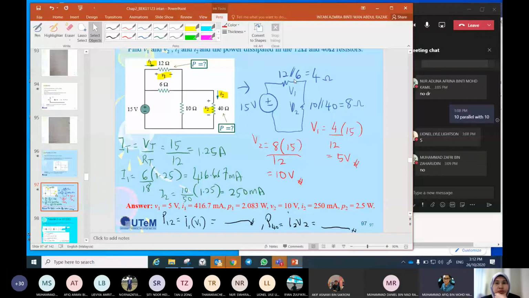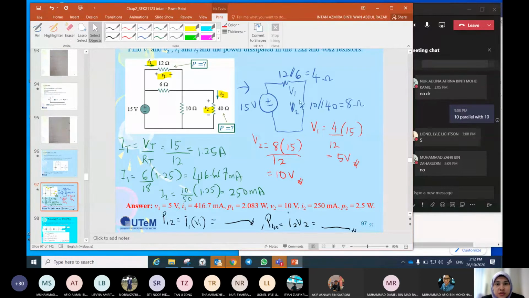Yes, 1 over R. So in your calculator, you just type 12 to the power of minus 1 plus 6 to the power of minus 1 equal to the answer, and then you invert the answer. Okay, 1 over that answer, and you will get the answer. This 4. 10 parallel with 40, you get 8.